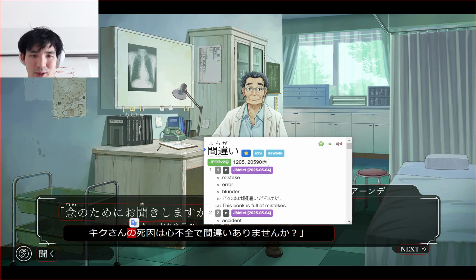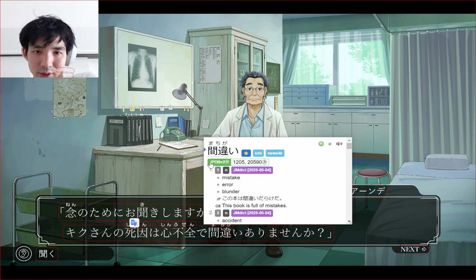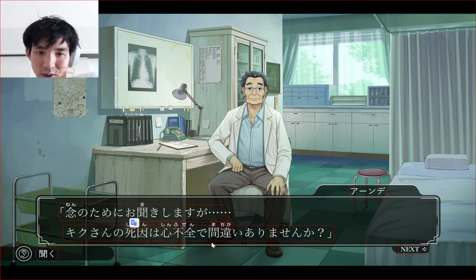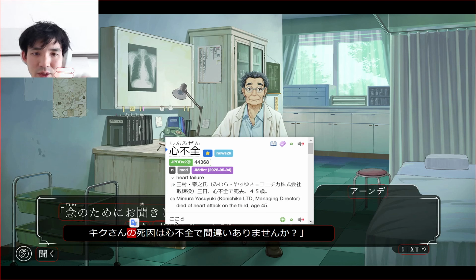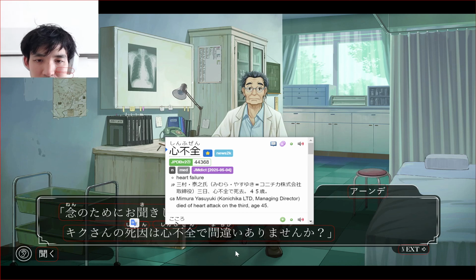Machigai is to make a mistake. So like, I'm not making a mistake. Arimasen, right? There is no mistake here. And in this case, machigai is a noun. Machigai arimasen ka? Kiku-san no shi-in wa shinfuzen de. It was because of shinfuzen de machigai arimasen ka?